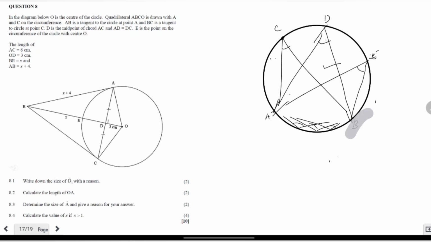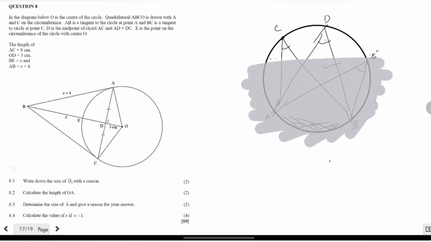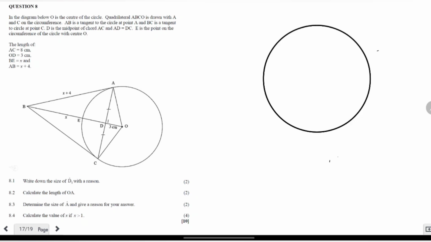Then what else? Angle at the center is 2 times the angle at the circle. That is a very important theorem, guys. You need to study it. Like, 2 points are there, A, B. See, the angle subtended at the center and the angle subtended in the opposite segment, these two angles have a relation.